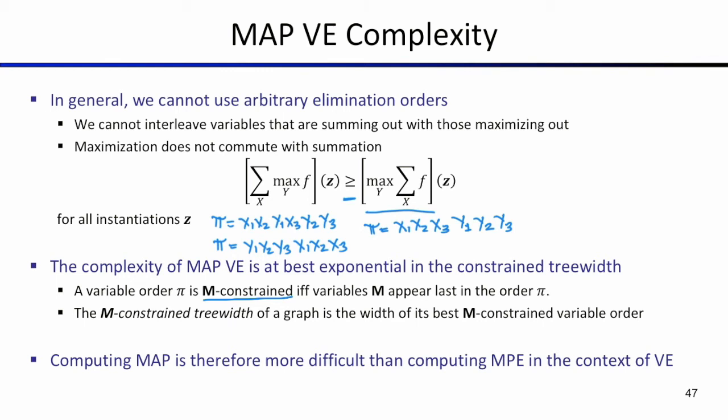And because only these M-constrained elimination orders will give us the right results, we can also compute the tree width of a certain network according to these M-constrained elimination orders. So we call the M-constrained tree width of a graph the width of the best M-constrained order.